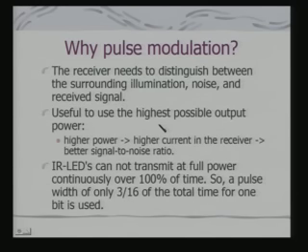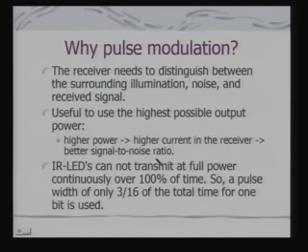Now, why pulse modulation? The basic requirement is that the receiver needs to distinguish between the surrounding illumination, noise, and received signal. And therefore, if we have to have better detection capability, you would like to use the highest possible output power for the LEDs. Higher power implies higher current in the receiver, because as you get infrared, the transistor starts conducting, so you have a higher current flow, and that would imply better signal to noise ratio.